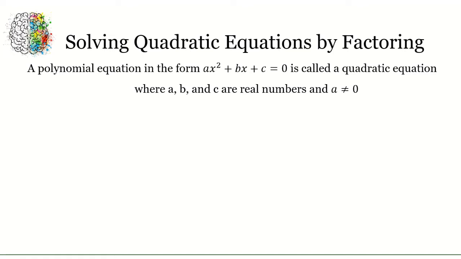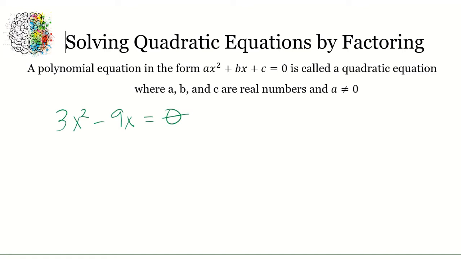Let's start with our first example. So with my first example, I have 3x squared minus 9x equals 0. The first thing that you want to do is look and see, are there any common factors that I can pull out to make this simpler.